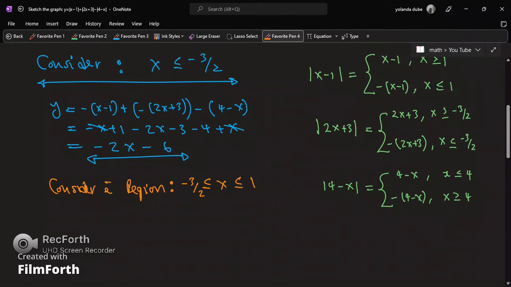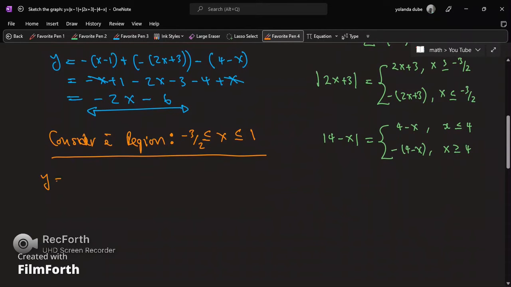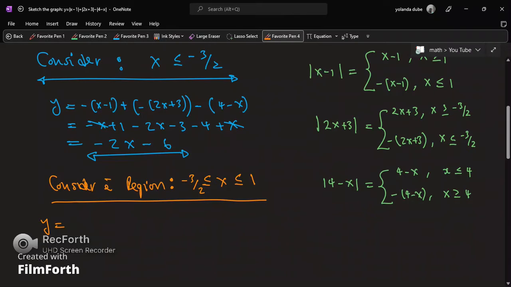What happens now in this region? What happens with the first absolute function? We see that every time when x is less than 1, this absolute value is negative, so it's replaced by negative (x minus 1).